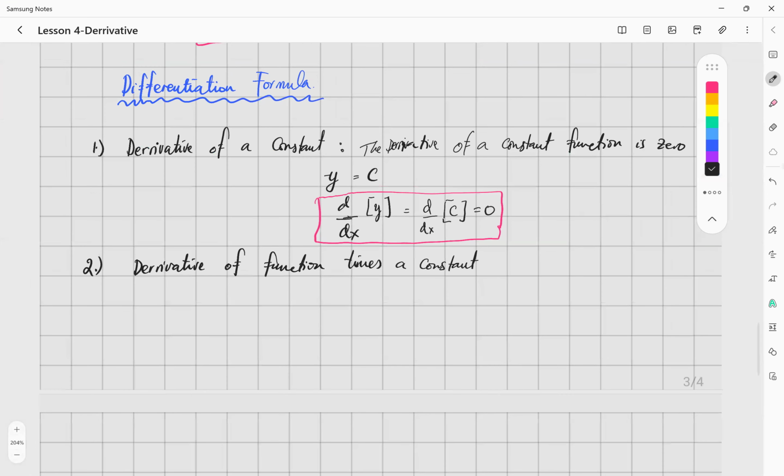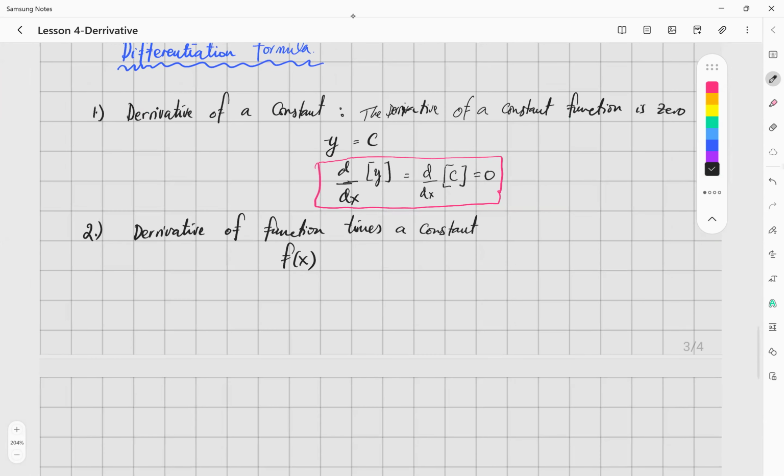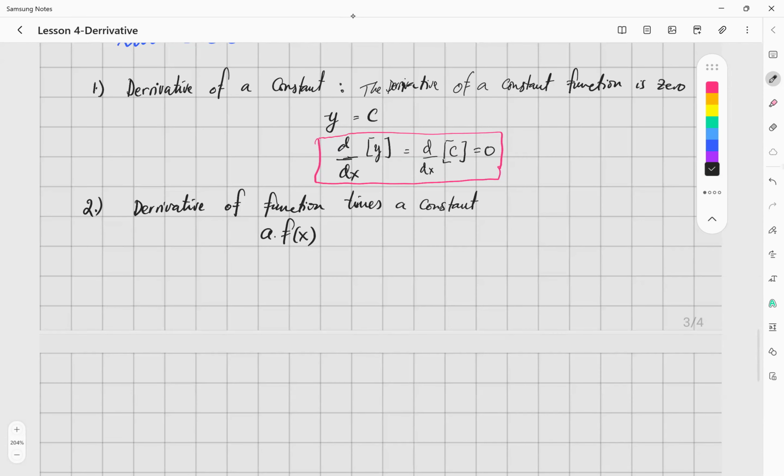For example, a function f of x, and a constant a multiplied by the function. The derivative with respect to dx of a times f of x, which is equal to a times y, is simply a constant times the derivative of the function.